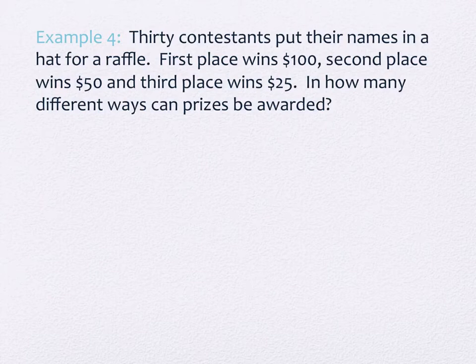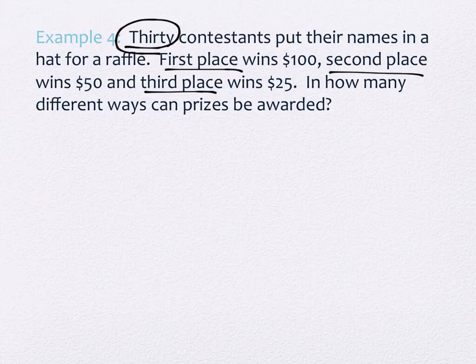So the number 30 matters, and the fact that we're selecting 3 winners matters. I have 30 people entering for a chance to win, and 3 of them win. So the 30 goes on top.